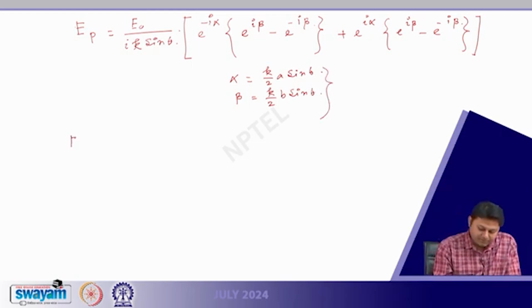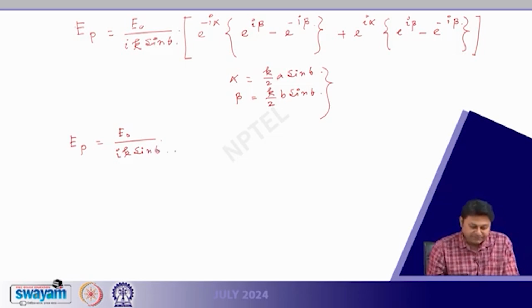So, E p, then it is E naught divided by i k sin theta, and that quantity I can take e to the power i beta, e to the power minus i beta again common. So, let me do that actually.